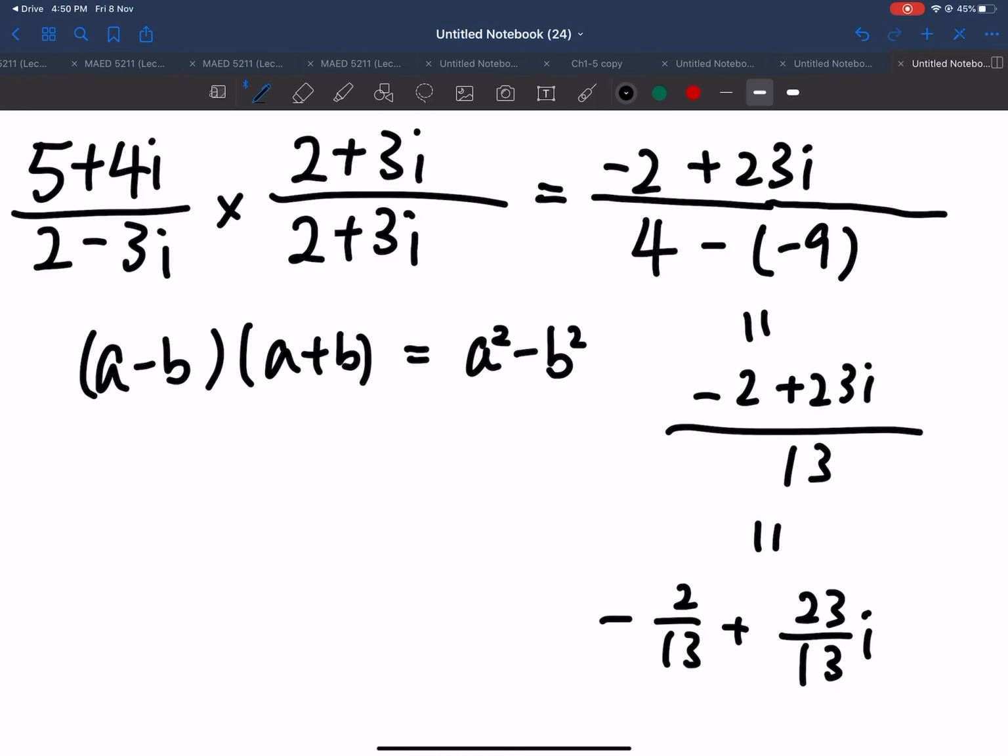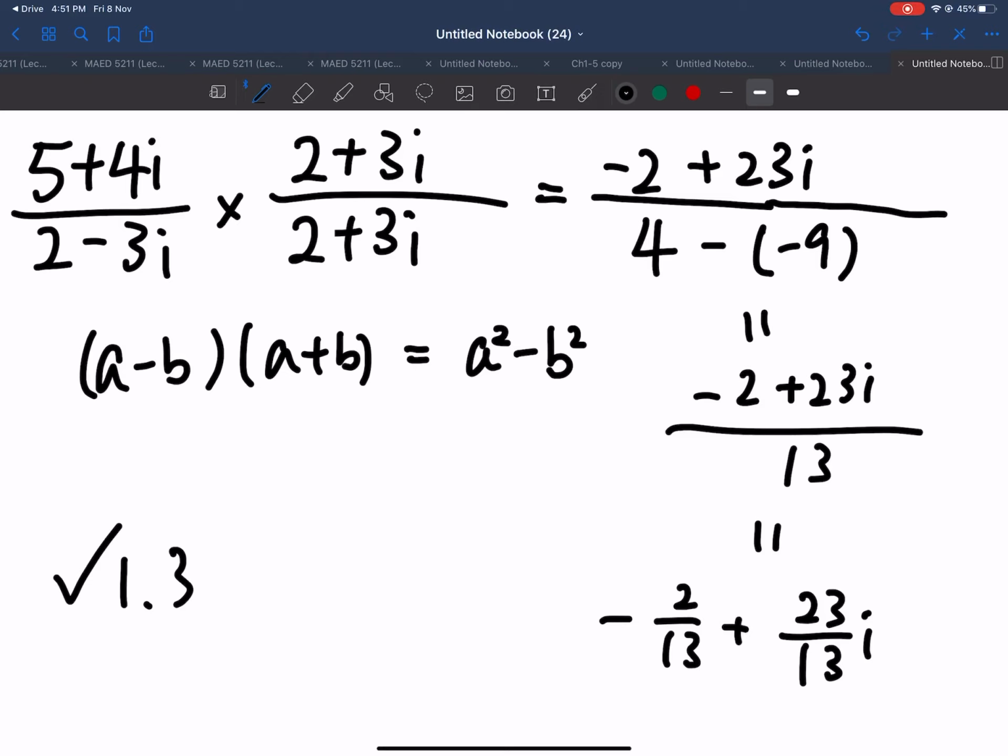Of course you can check with your calculator. Use your calculator to check it. Your calculator can do it. That's why I told you to buy it at the beginning of the lesson. Okay? Square root of negative 1. We finished 1.3. Not that hard.